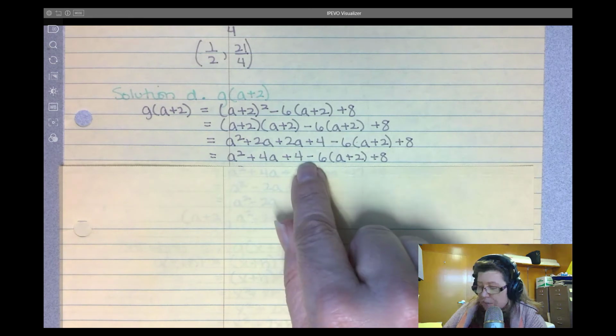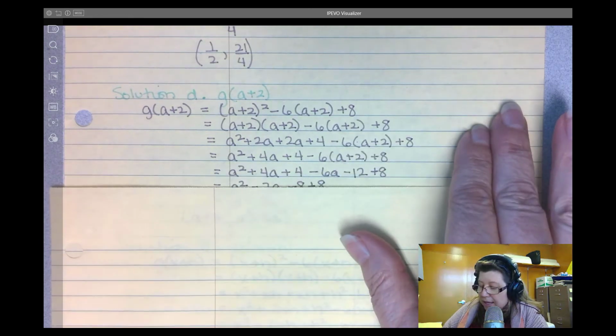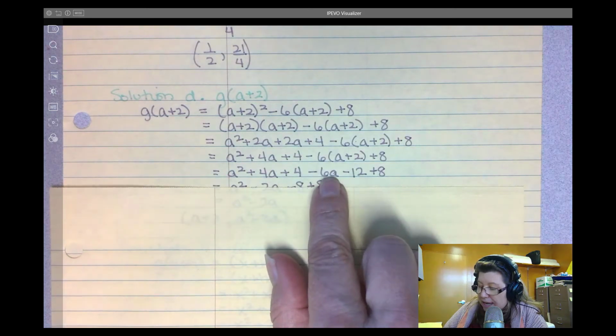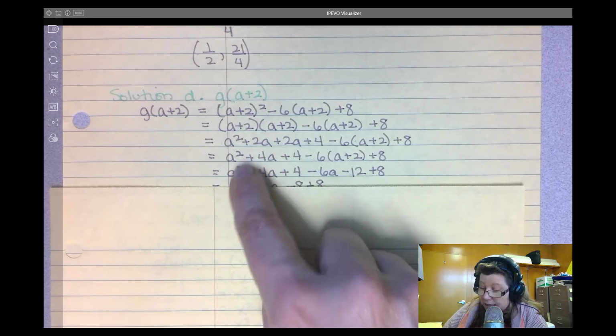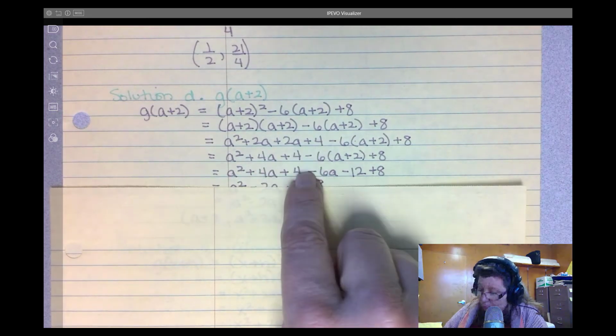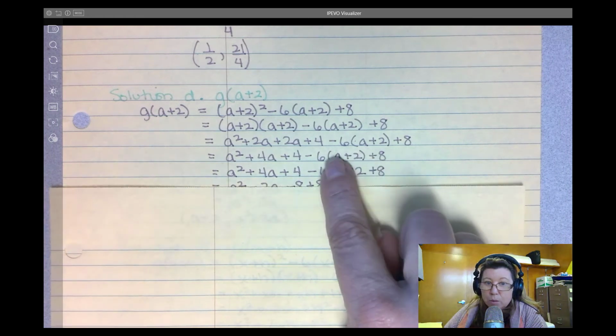Now the rest of it, I'm going to take this -6 and distribute, and I get -6a minus 12. Everything else is the same, right? a squared plus 4a plus 4 plus 8 was all the same from the previous step. I only did the distribution of the -6.